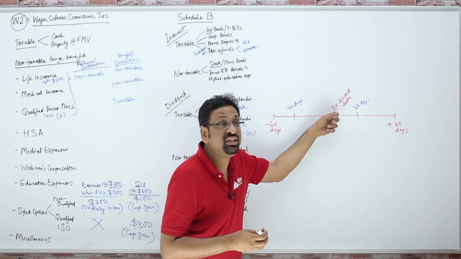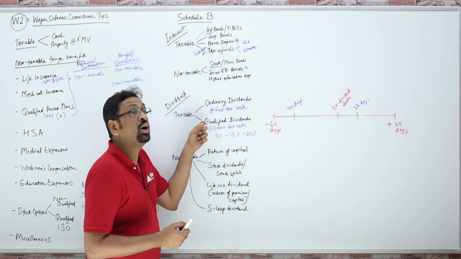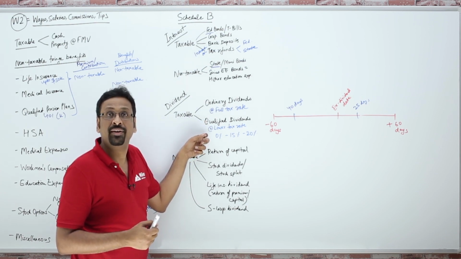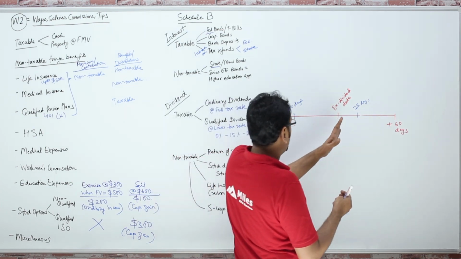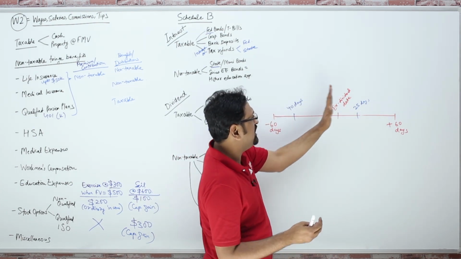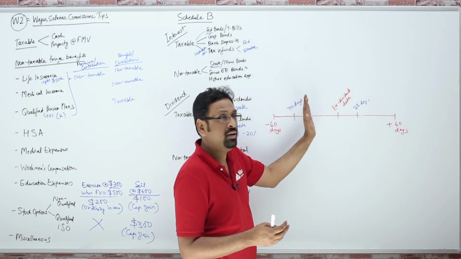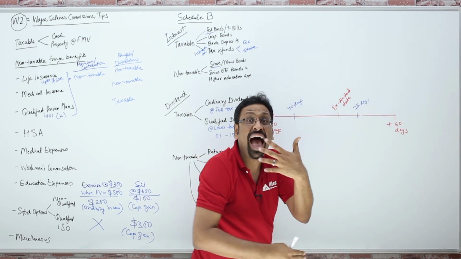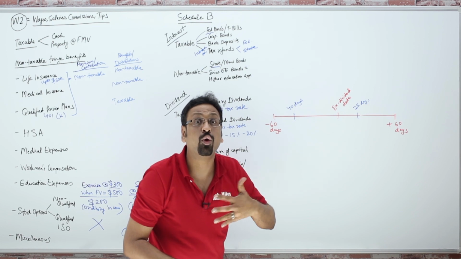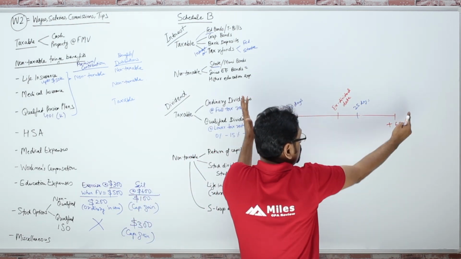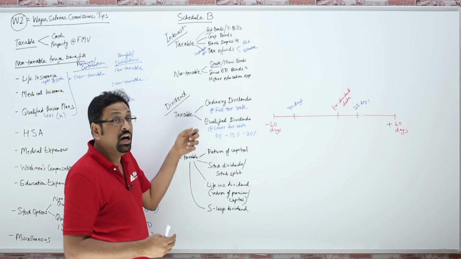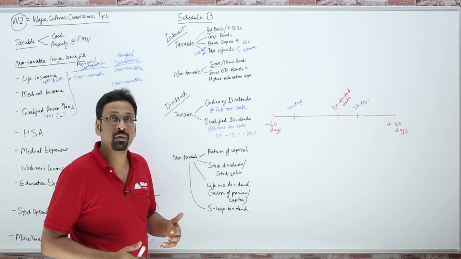The dividend that you receive here is a qualified dividend, taxable at a lower tax rate. Or let's say you buy stock just 5 days before the ex-dividend date, but you continue holding it months after. As long as you've held it for over 60 days in this 121 day period, it's a qualified dividend with a lower tax rate.